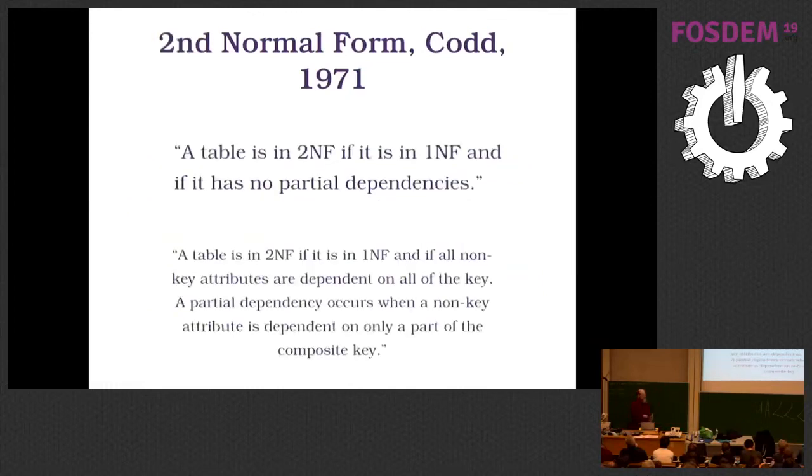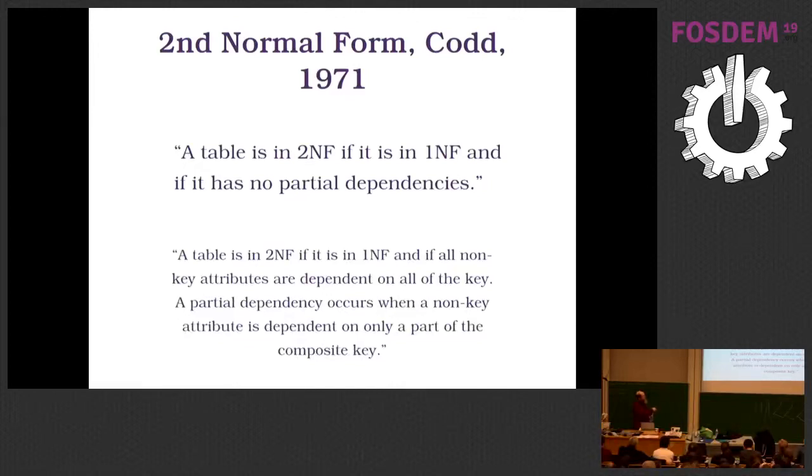Second normal form. The trick with the normal forms is that to reach the next level, you first need to reach the previous level. So if you want to be in second normal form, you need to make sure you are compatible with the first normal form first. You need to do them one after the other, always. So it's second normal form if it is already first normal form and has no partial dependencies.